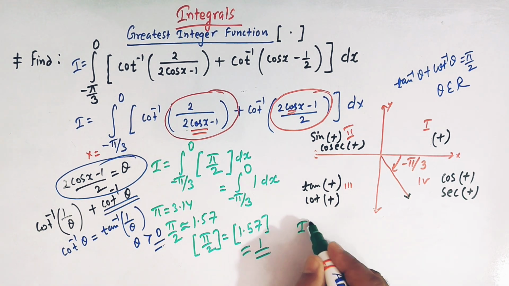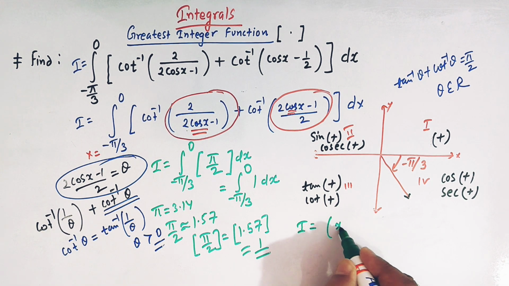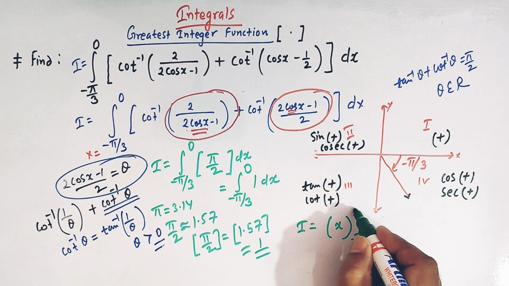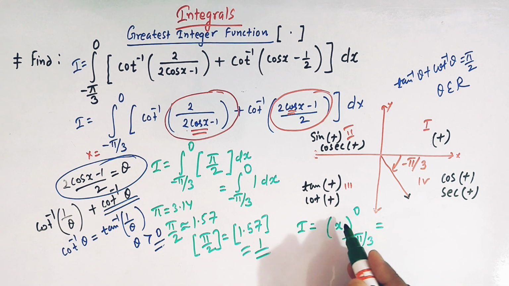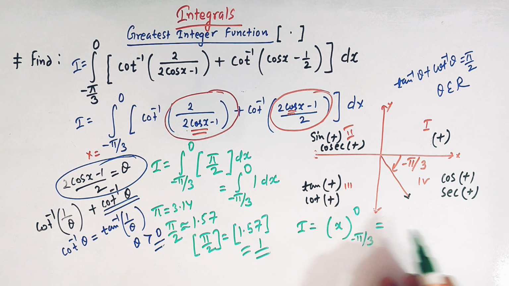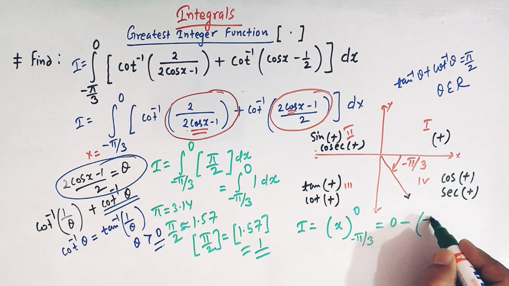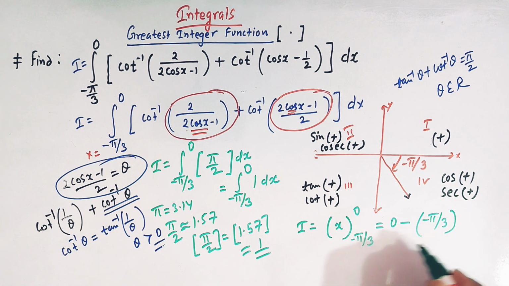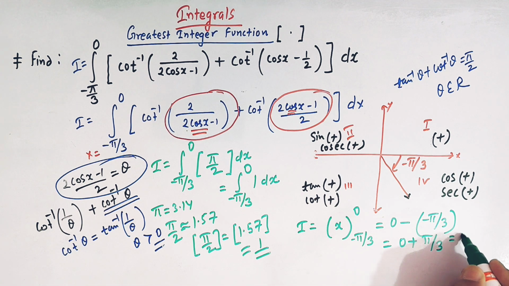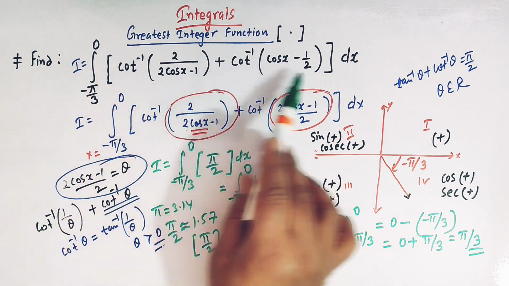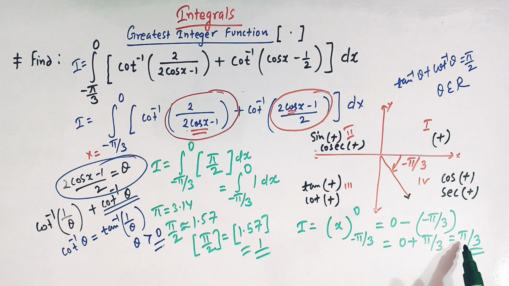So now I is equal to x, and the limits of integration are from minus pi by 3 to 0, and we can now substitute the limits and take the difference. So we have 0 minus minus pi by 3, and that is equal to 0 plus pi by 3, that is equal to pi by 3, right? So the value of this integral is equal to pi over 3, right?